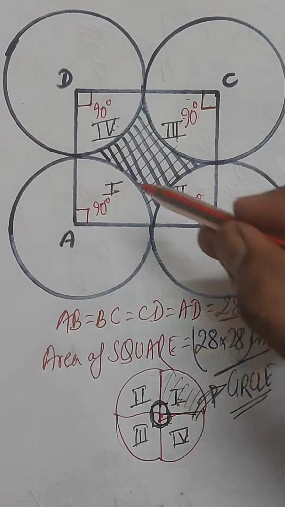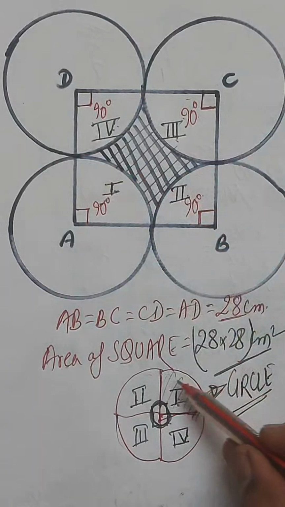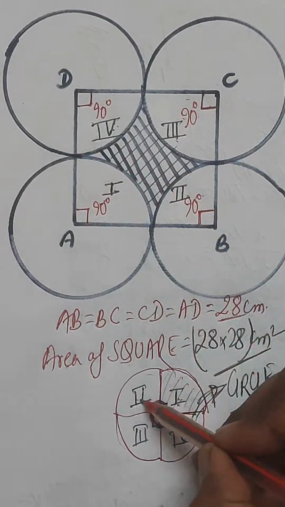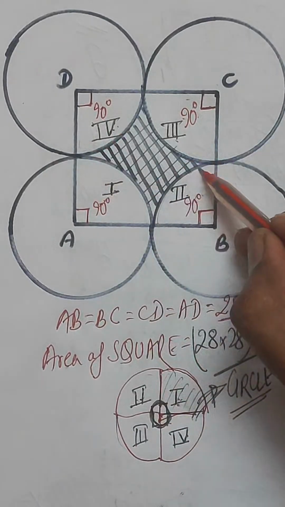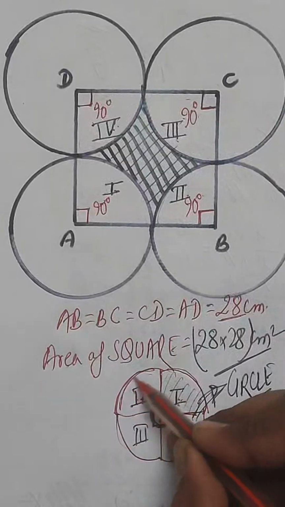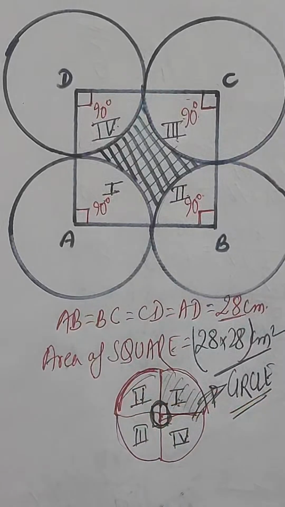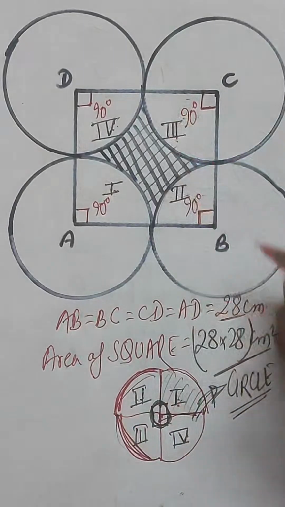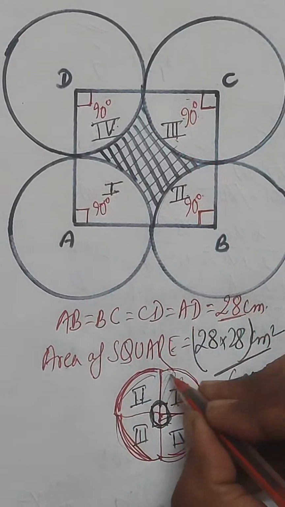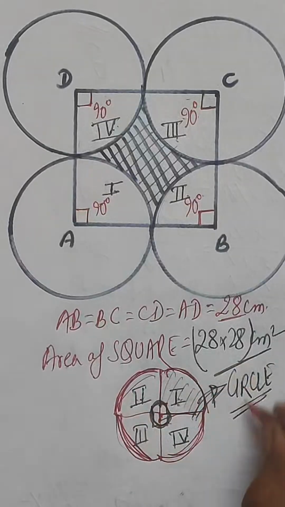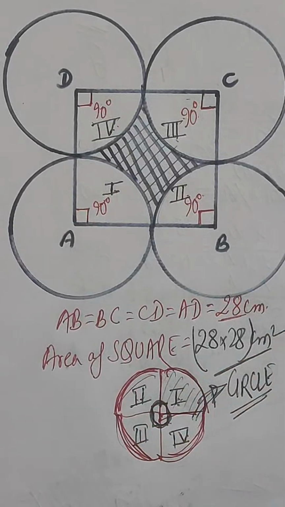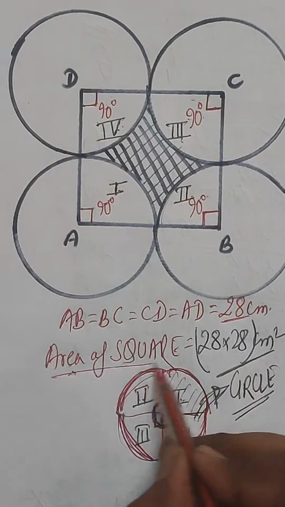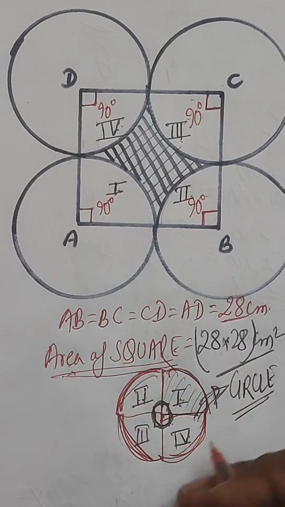If this is sector number 1, you can see the curve is upward here, and this is sector number 2, then curve 3 here and curve 4 here. So all this will be forming a circle, right? So from the area of the square, we subtract the area of this circle.